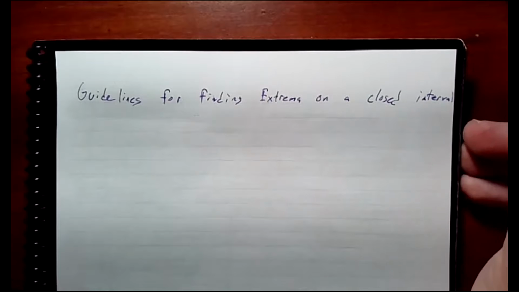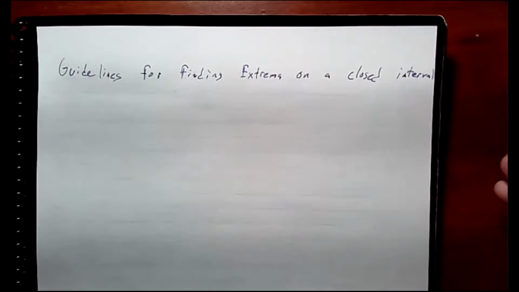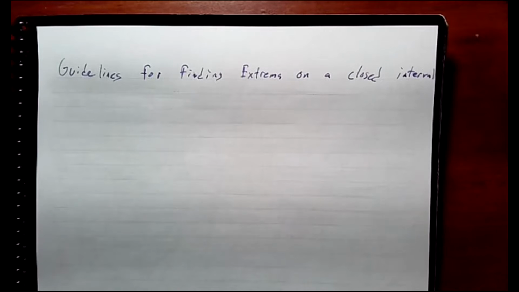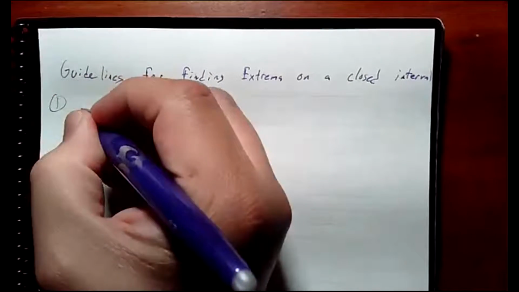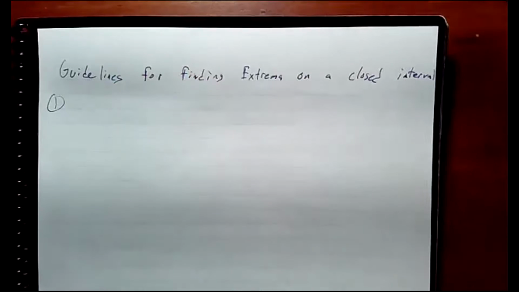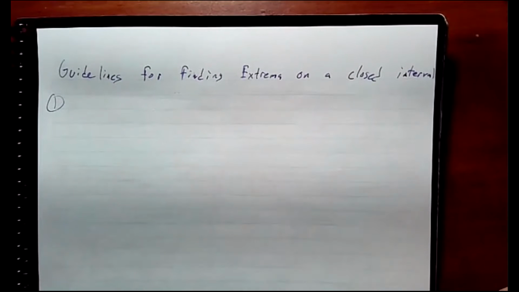So if the question tells you it's closed, meaning they're only looking at one section of the function, like they're saying, tell me the maximum value between 0 to 5, then these are the steps that you would follow, because that's considered to be closed. Open meaning anywhere on the function, negative infinity to infinity, anywhere on the domain of the function. Okay.